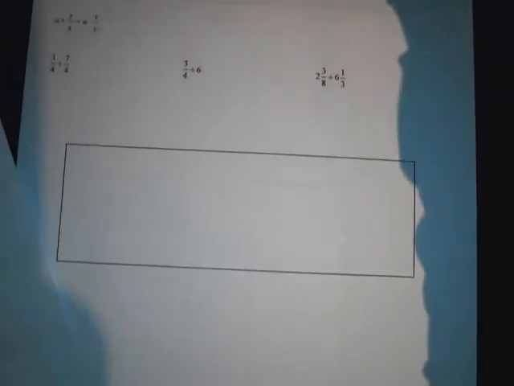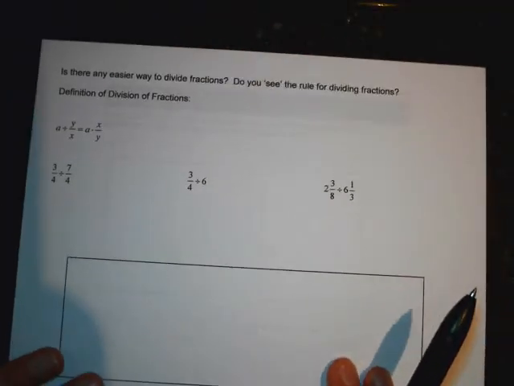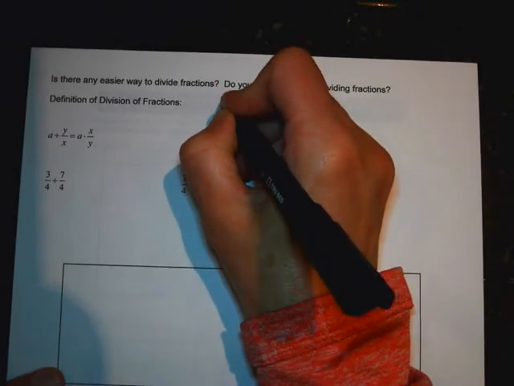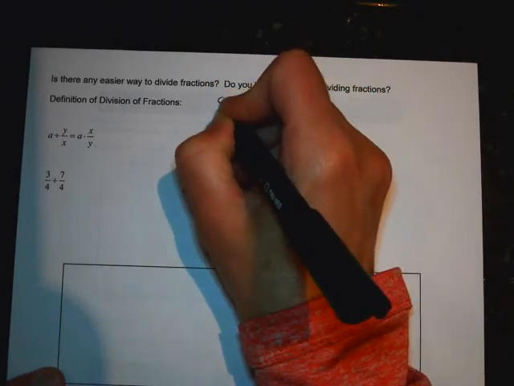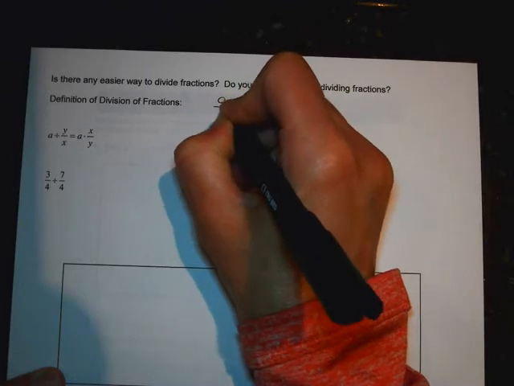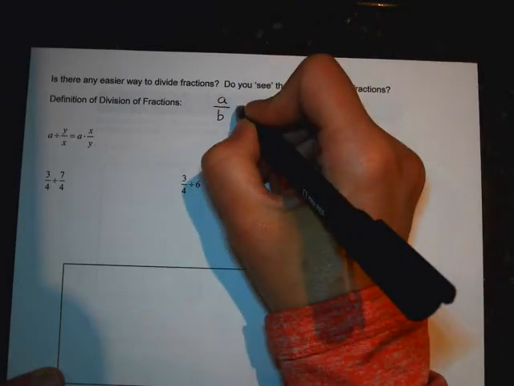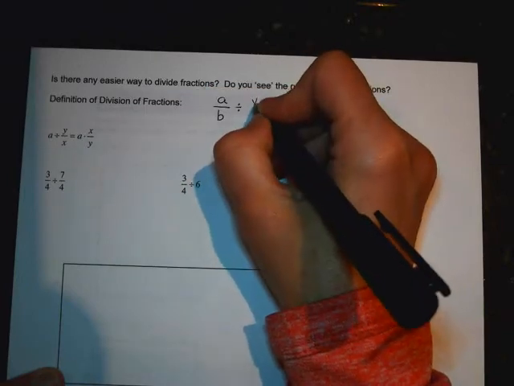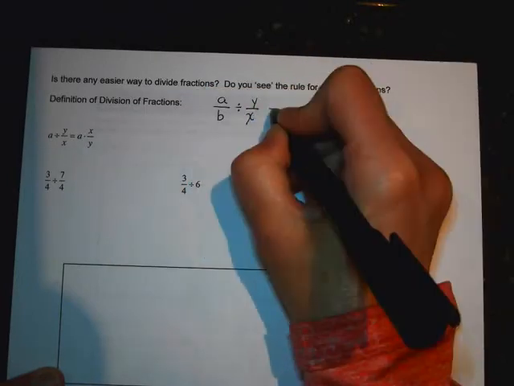Now there is a way that you guys were taught, and I'm going to go ahead and do the definition of fractions, the basic old way that I was taught. Say we're starting off with a fraction, and we're dividing it by another fraction, y over z, or y over x.